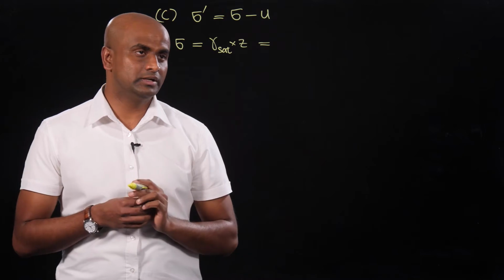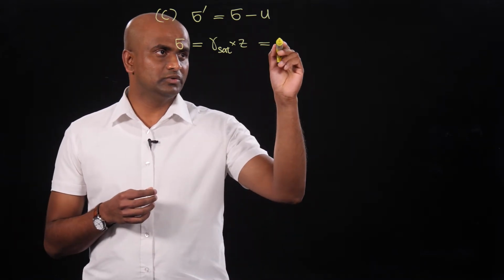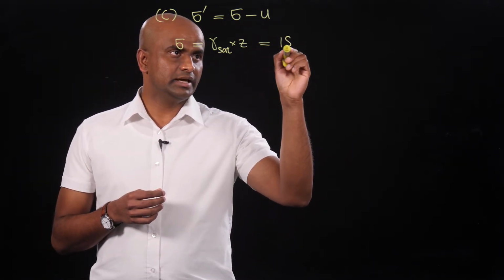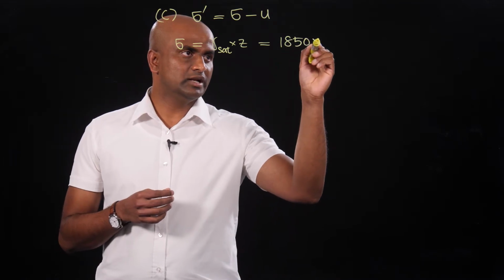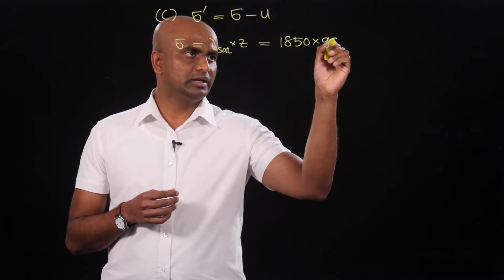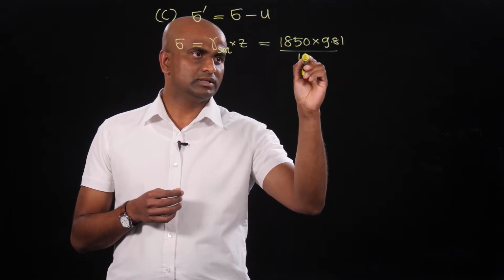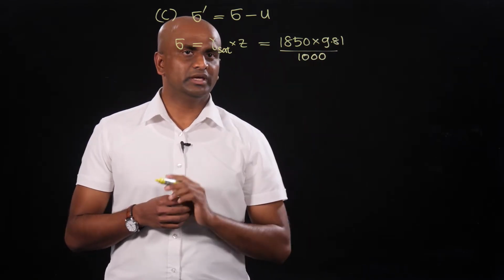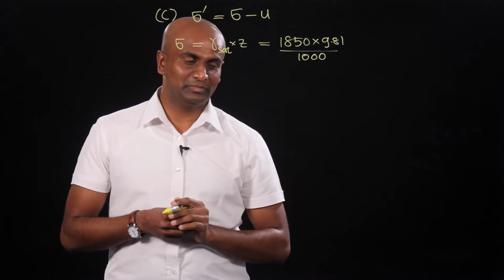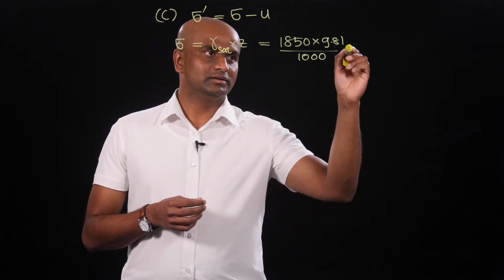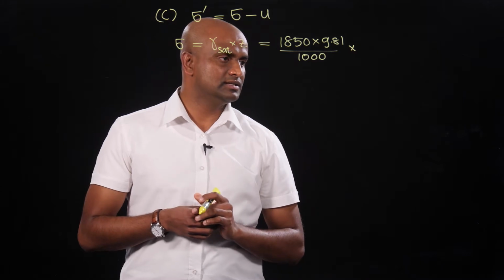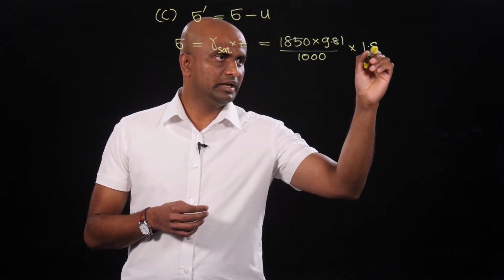From that you should be able to calculate the saturated unit weight. The density is 1850, so you need to multiply that by 9.81 and then divide it by 1000 to make it in the units of kilonewton per cubic meter, and multiply by Z, where Z is 1.88.